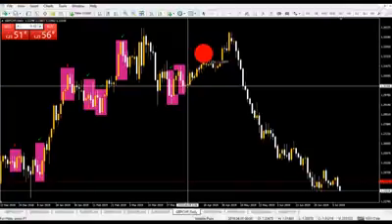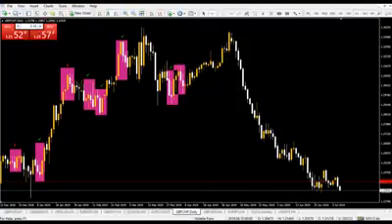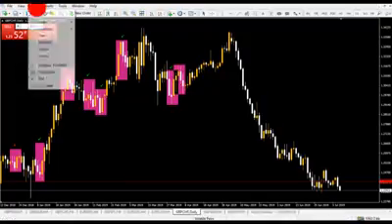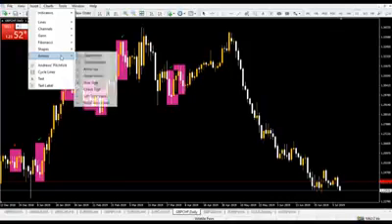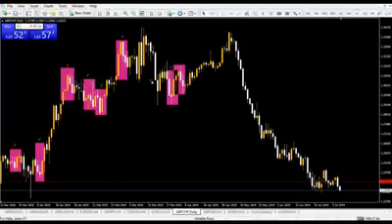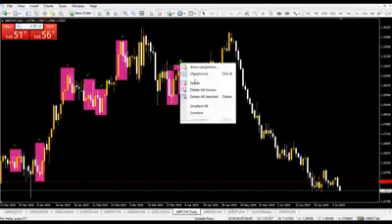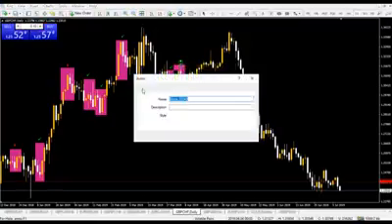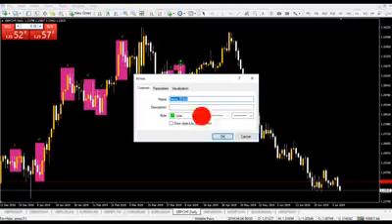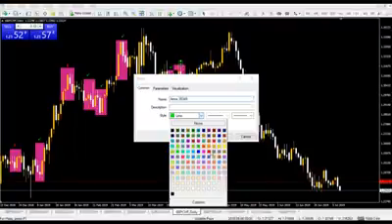All right. So if we're not scalping, right, we would have lost this trade. All right, I'm going to change this to red.